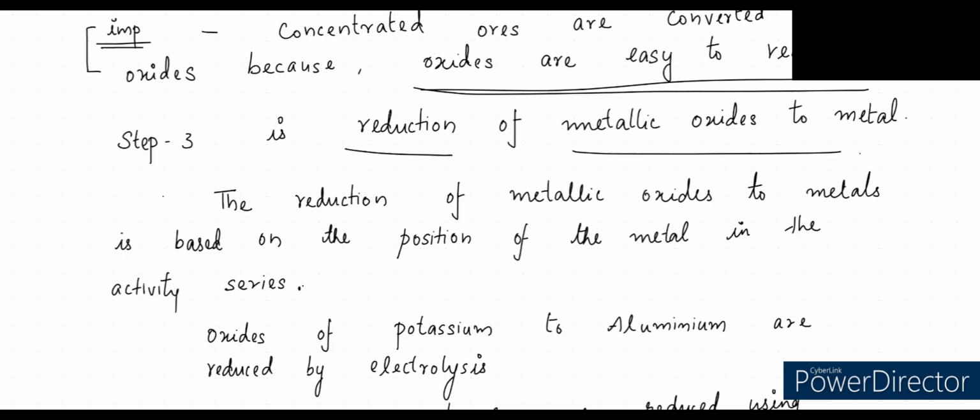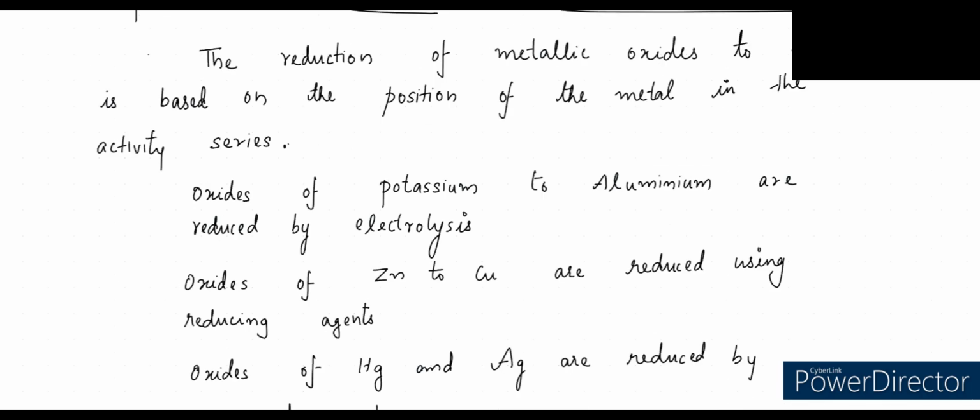So the oxides of those metals which occupy the top position, potassium to aluminum, that is potassium oxide, sodium oxide, calcium oxide, magnesium oxide, aluminum oxide, all of these are reduced by electrolysis, by passing electricity through the molten oxide.